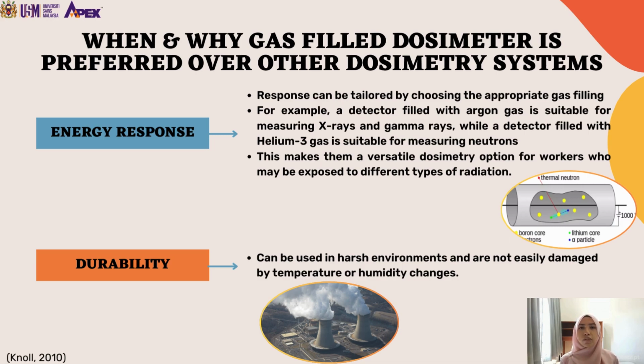This makes them a versatile dosimetry option for workers who may be exposed to different types of radiation. Lastly, unlike delicate detectors that are easily affected by harsh conditions, gas-filled dosimeters can withstand the heat and radiation within a nuclear power plant or the challenging outdoor environment, making them ideal for long-term monitoring.